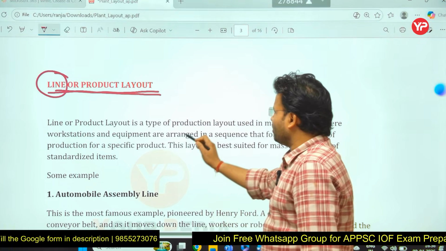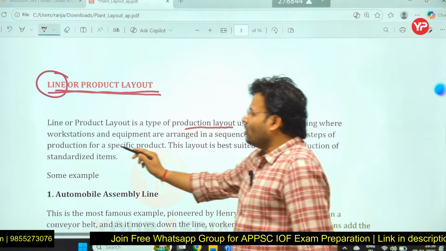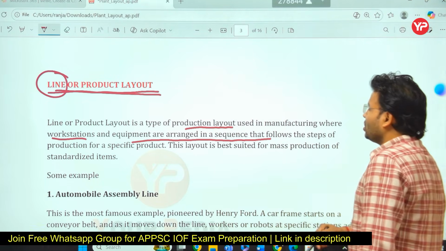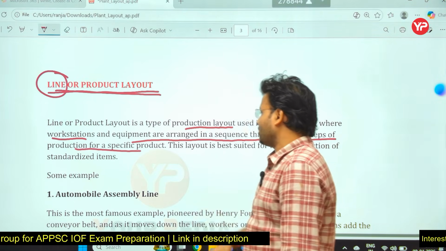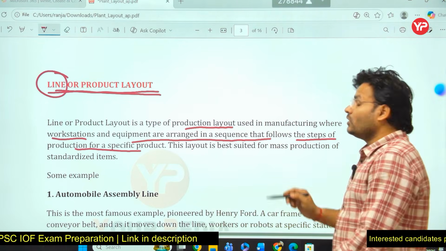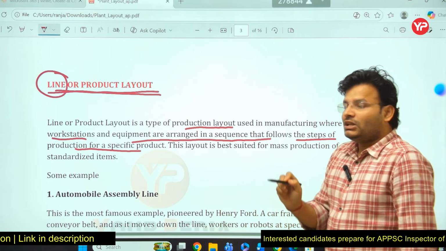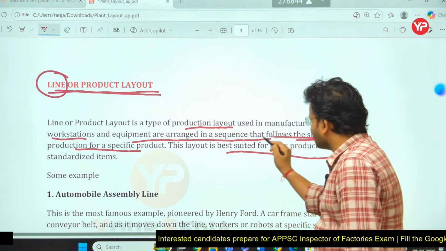Line or product layout is a type of layout used in manufacturing where workstations and equipment are arranged in sequence, following the steps of production for a specific product. The key point to keep in mind is that line or product layout is preferred whenever you have to do mass production of a standardized item.